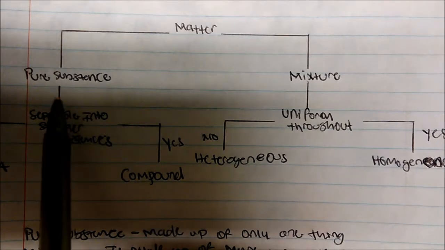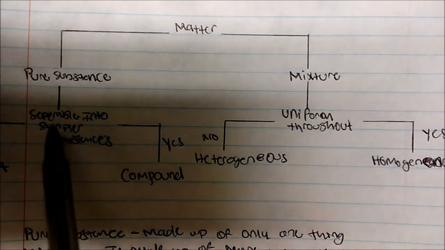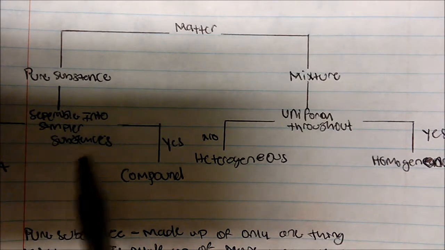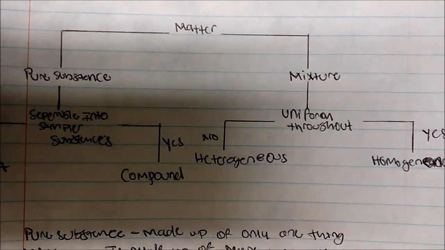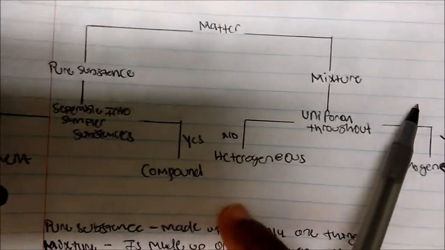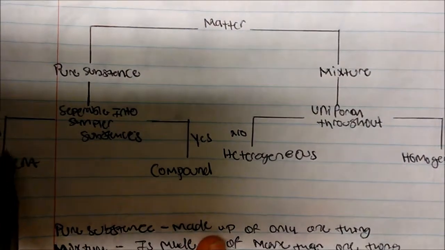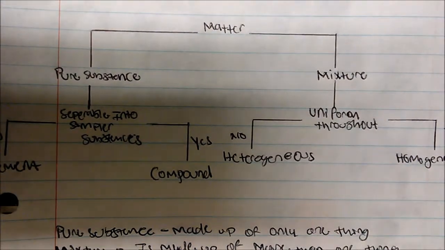Now on the pure substance side, if they're separable into simpler substances, if that answer is yes, then we call that a compound. Now, if they cannot be, we call it an element. So what are some examples?